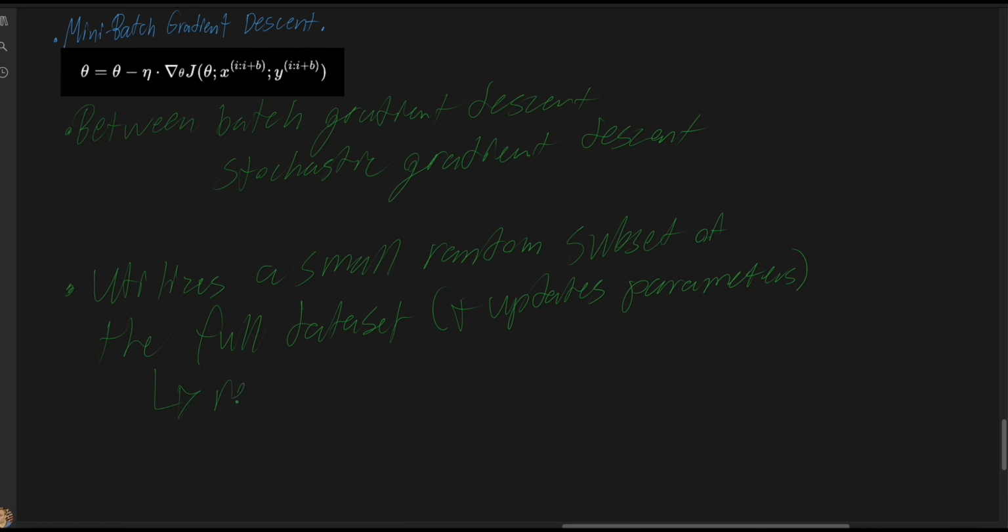So it reduces variance on parameter updates, leading to more stable convergence, and by being more computationally efficient than using the full data set, leads to stable convergence.